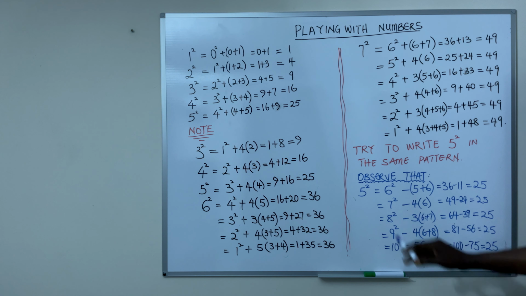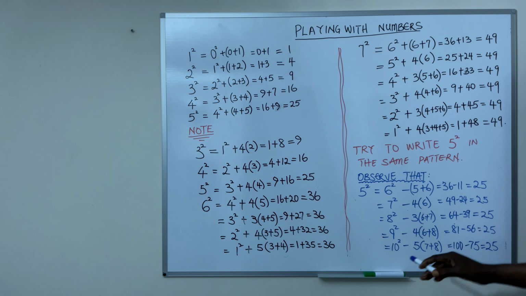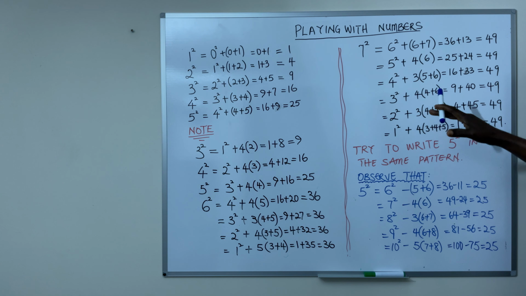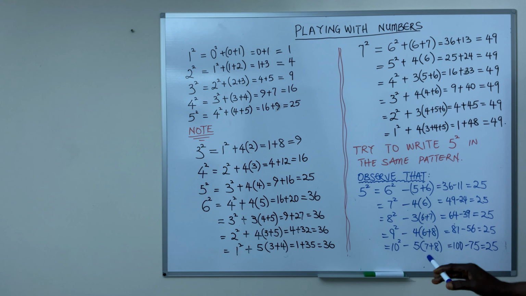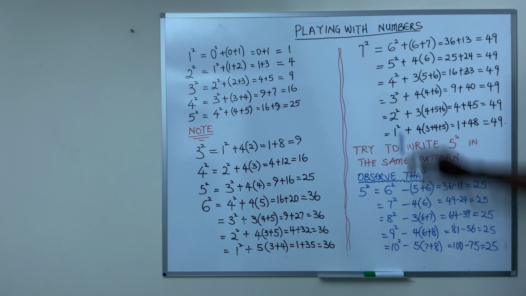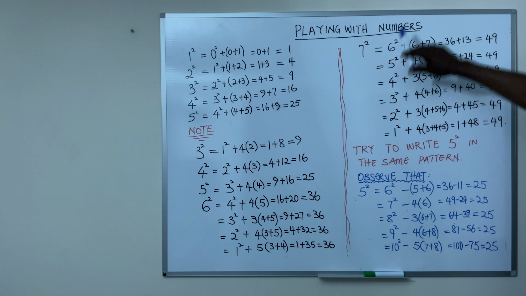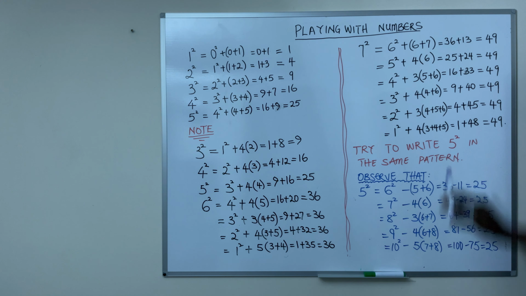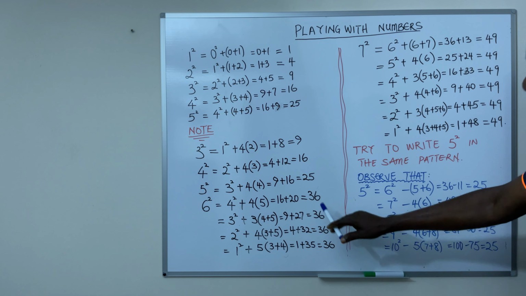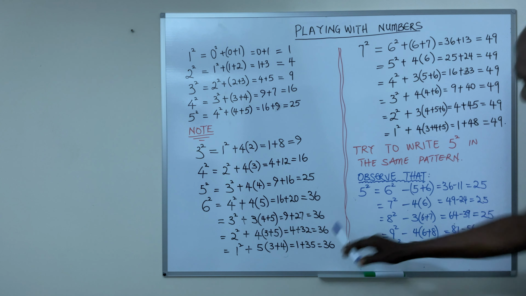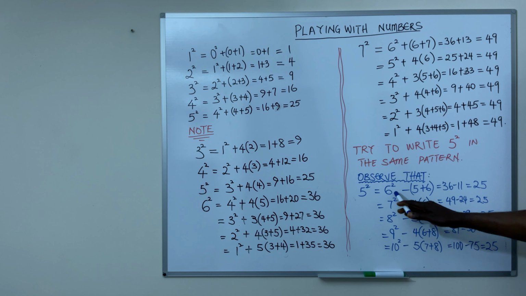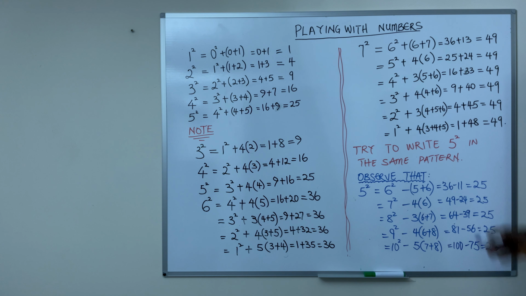Observe that if we want to write 5 in terms of numbers greater than 5, this is the pattern. We have written 7 squared in terms of numbers less than 7. We wrote 6 in terms of numbers less than 6. Now, look at 5 in terms of numbers greater than 5.